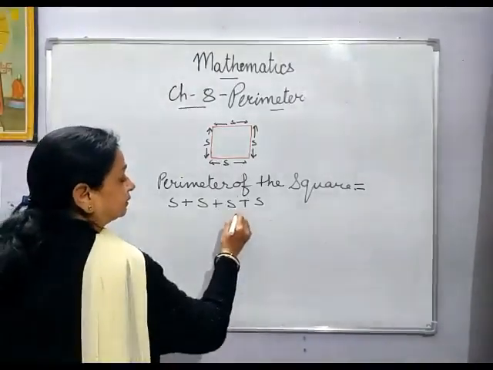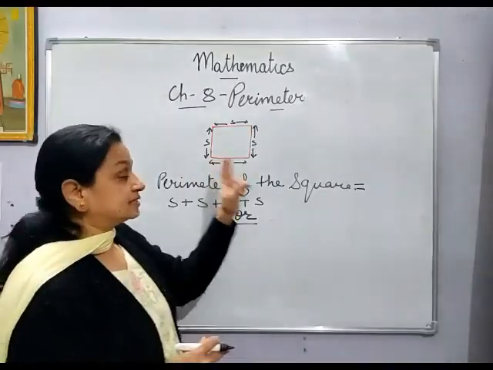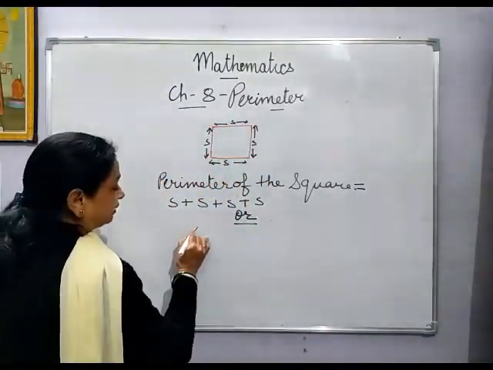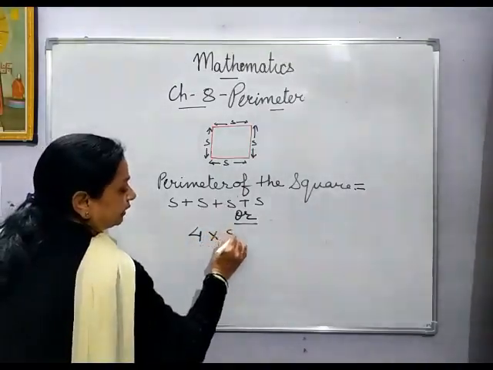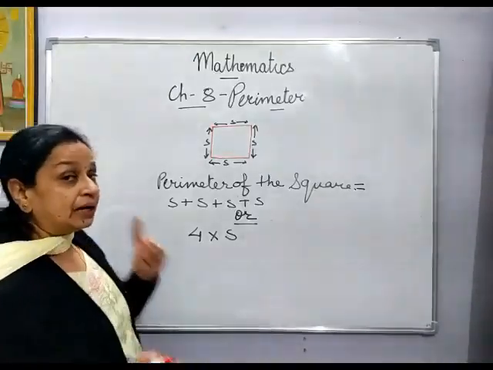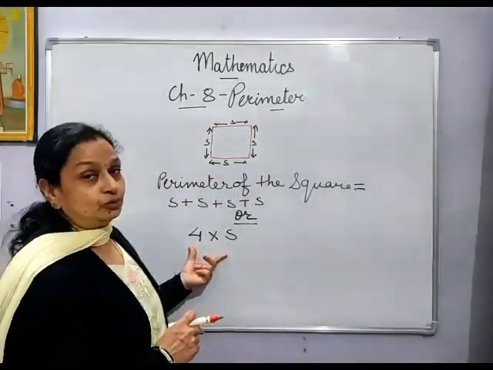Now the other method: since the same side is there 4 times, we write 4 into S. You can use both methods, but if the question asks for the formula, you have to make use of this.